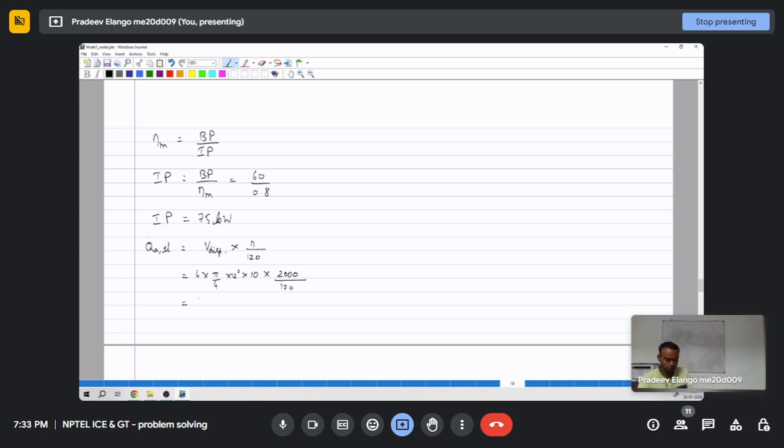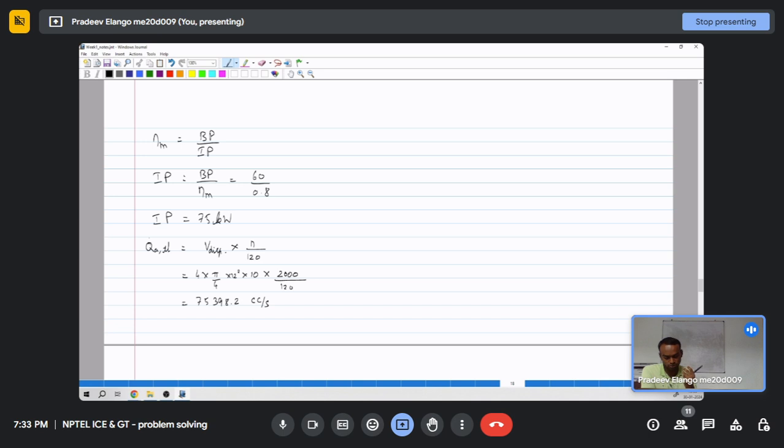That is 25,000 into pi. The final answer is 398.2, in centimeter cube per second, so cc per second.